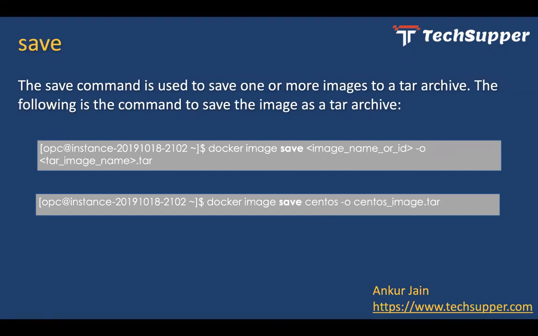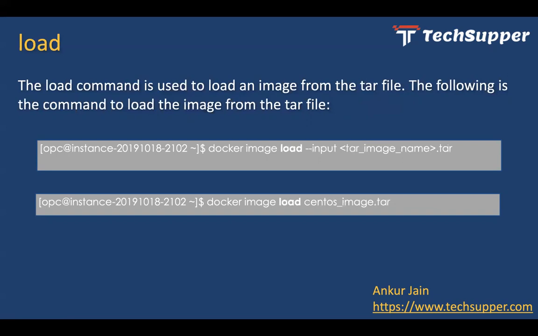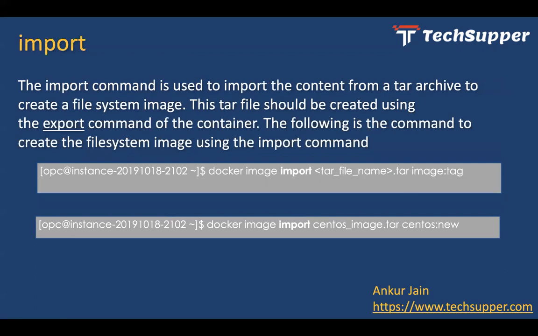So the save and load commands work together. Save is just to create a tar file from the image. Load is to load an image from the tar file. Another command is import. Load and import are different commands. The import command is used to import the content from a tar archive to create a file system image.